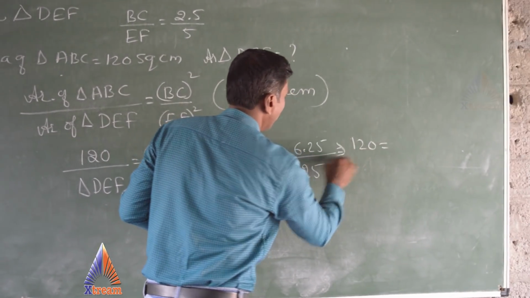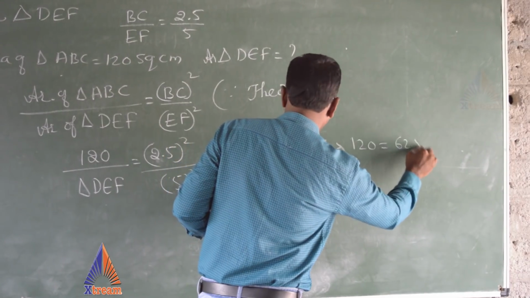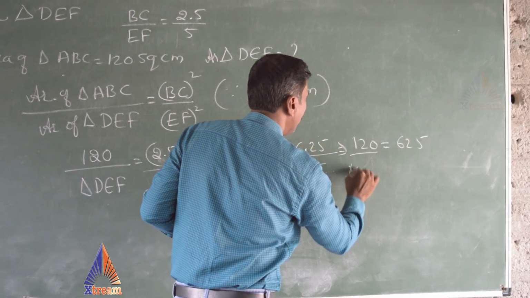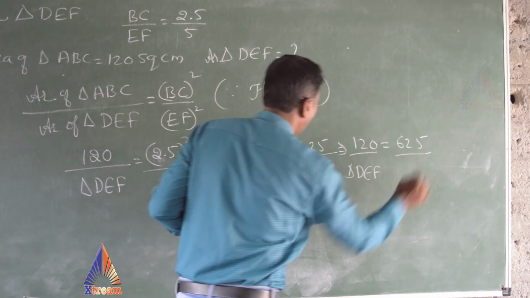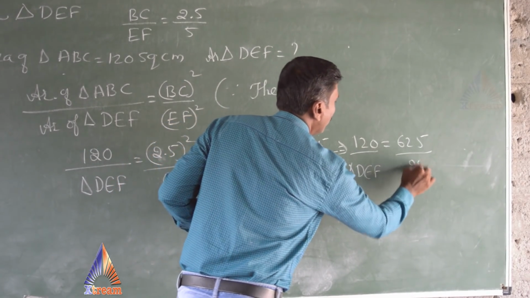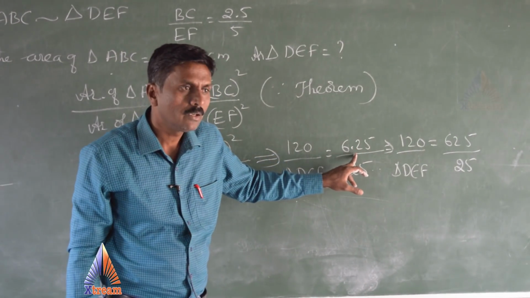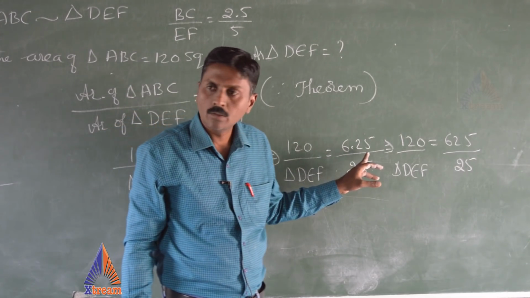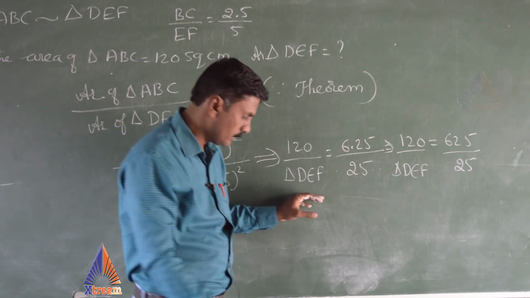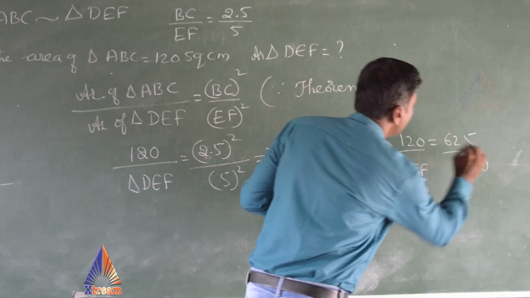Observe this. 120 is equal to 625. Area of DEF is equal to by 25. Here I removed the decimal. Decimal is after 2 digits. That's why here you have to write 2 zeros.